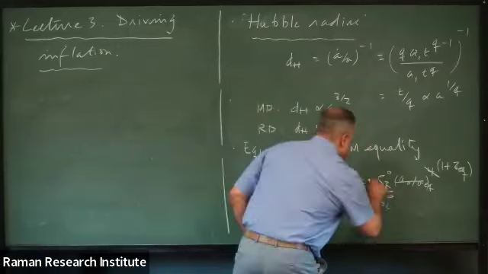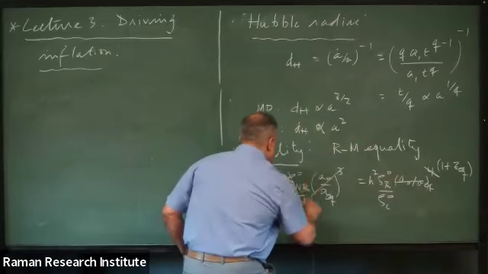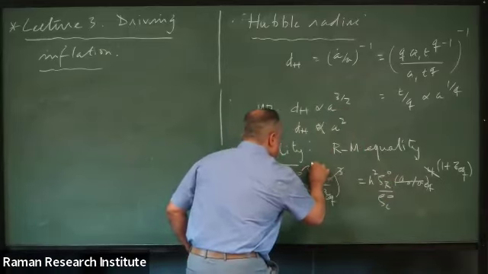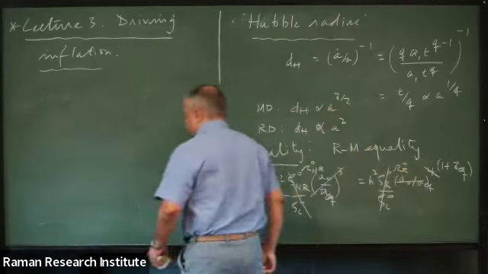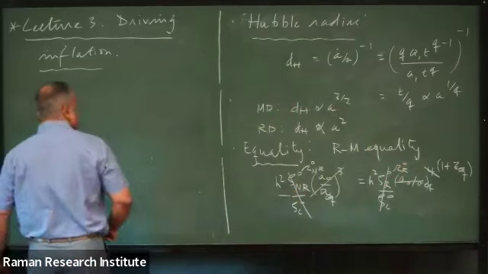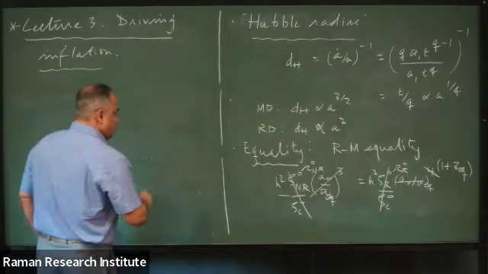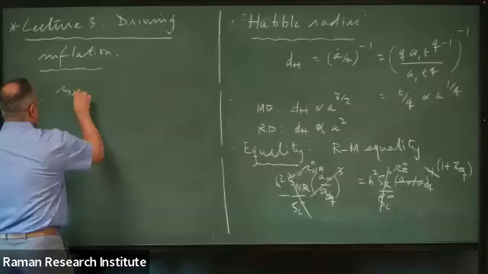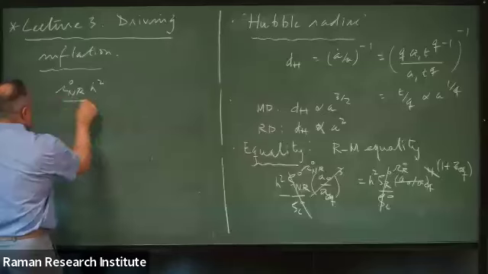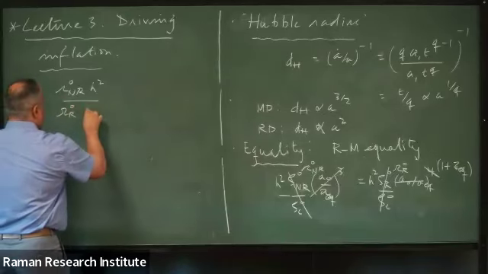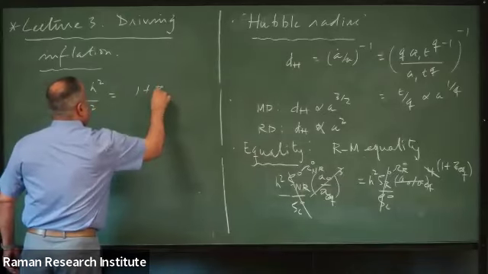So this is omega nr naught, and this is omega r naught. And that tells me the value of the epoch of equality. So omega nr naught h squared divided by omega r naught h squared gives me 1 plus z eq.